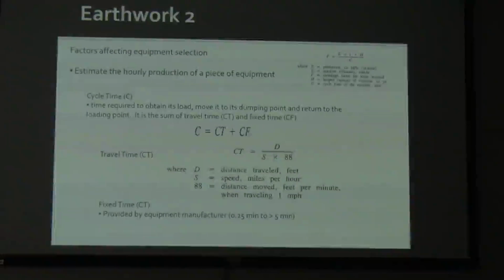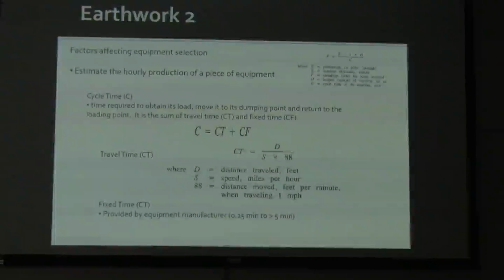So 88 feet per minute is the same as traveling 1 mile per hour. You can see the distance is going to have a lot to do with the travel time. The travel time is a variable based on the project. The fixed time is a function of the equipment itself, and it's determined by the manufacturer.